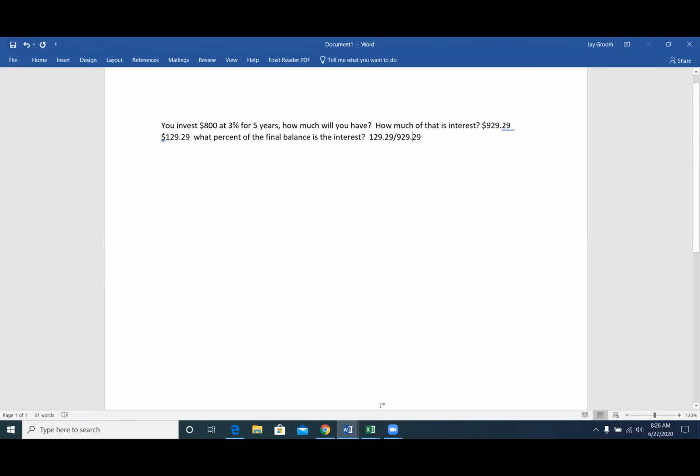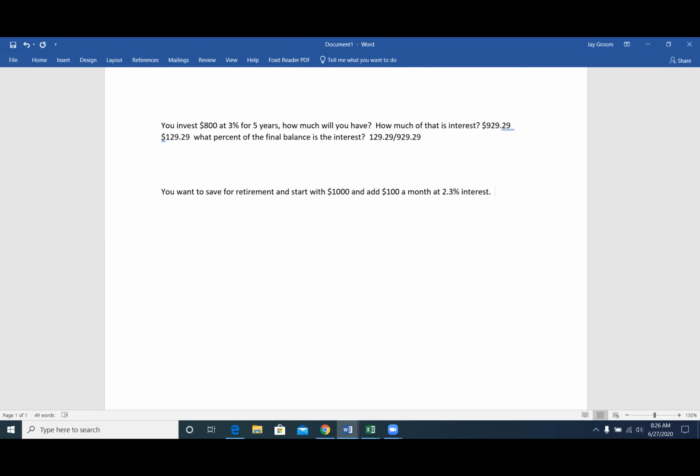Another question that would come up, something like this. You want to save for retirement, and start with $1,000 and add, let's go big, $100 a month at 2.3% interest.